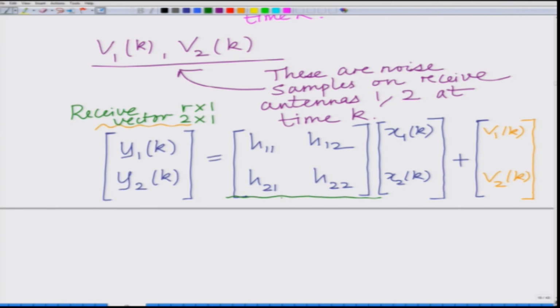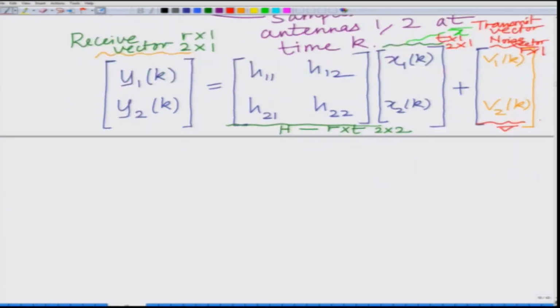This is your channel matrix, which is R cross T, in this case 2 cross 2. This is your transmit vector X bar, which is T cross 1, in this case 2 cross 1, and this is your noise vector V bar, which is R cross 1.